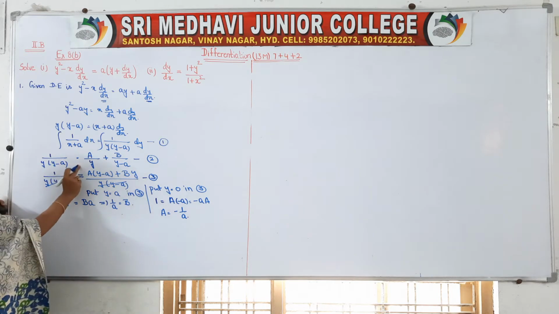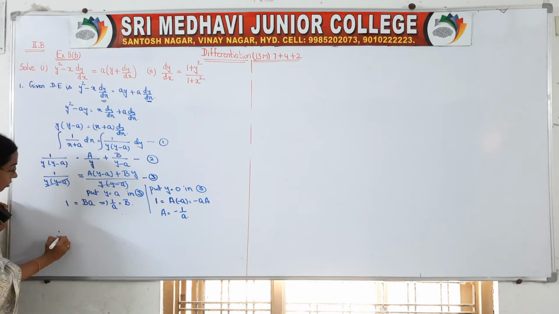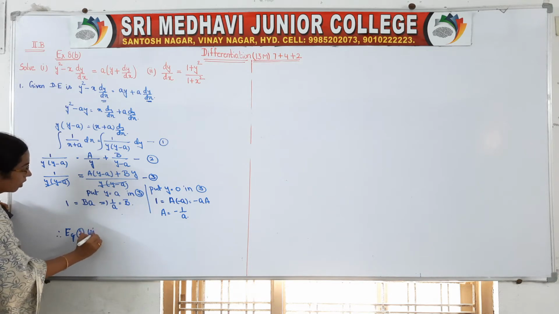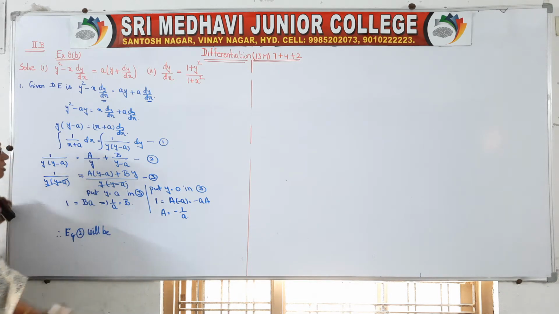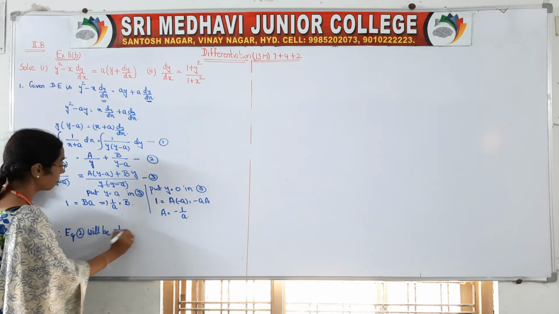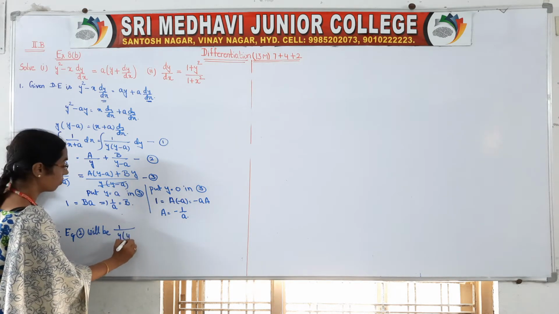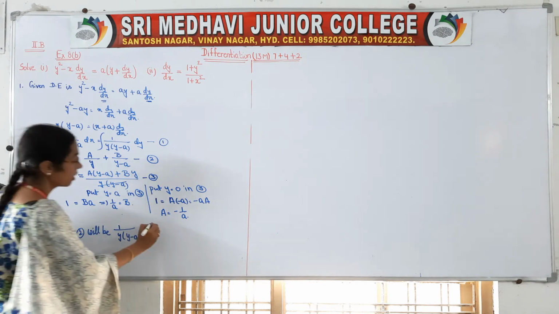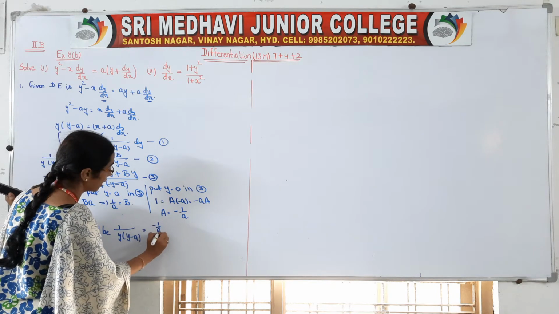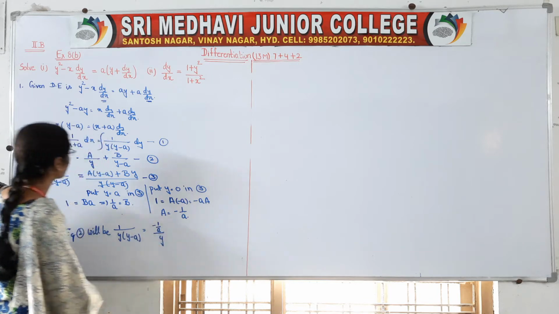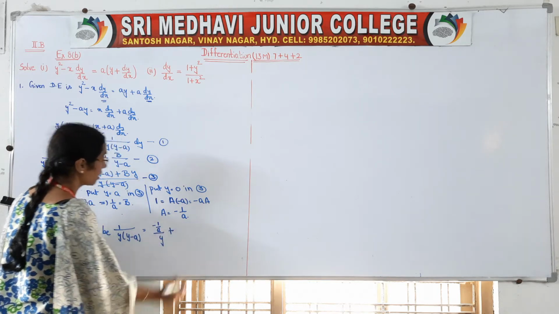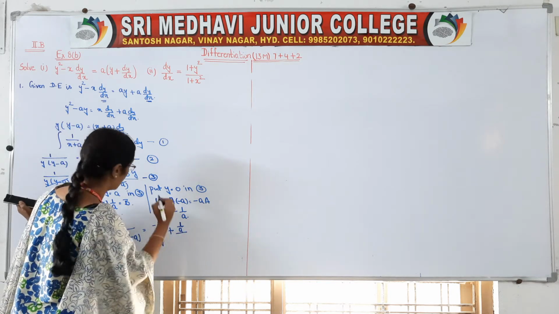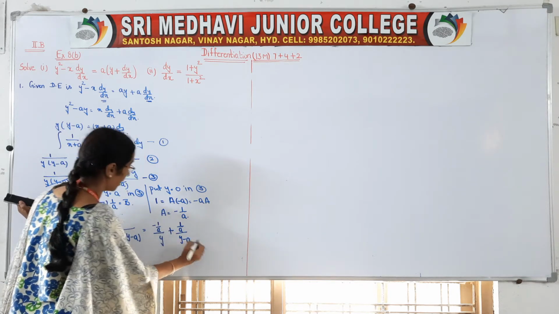Therefore, what will be your equation 2? Equation 2 will be 1 by y into y minus a is equal to a is minus 1 by a by y, plus b is 1 by a into y minus a.